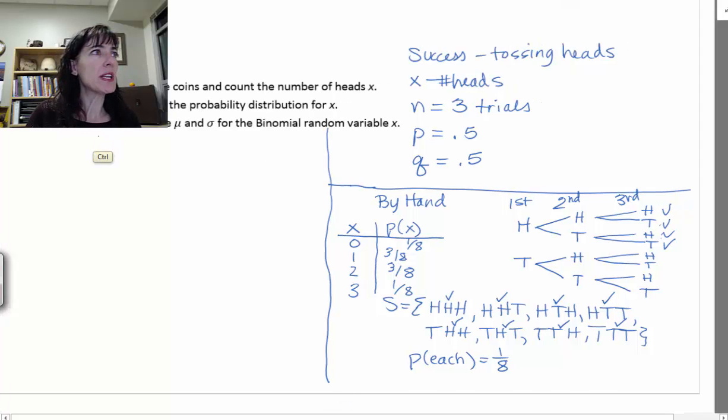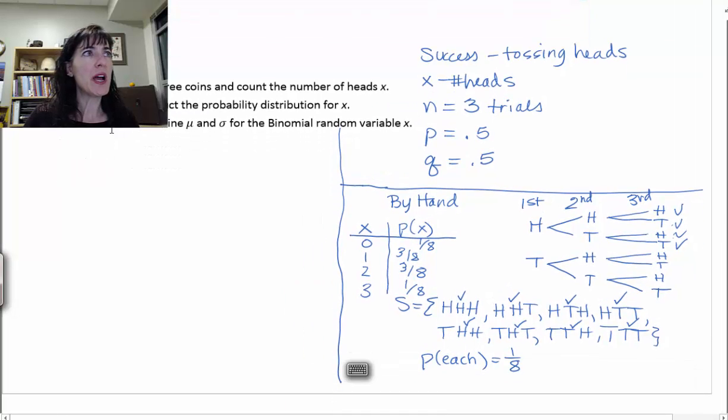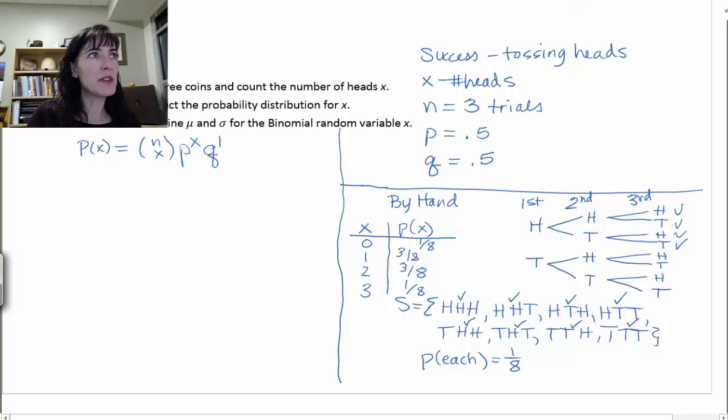But let's take a look at how we could do the same calculations using our formula. Our formula looks like this: P of x equals n choose x, times little p to the x, times little q to the n minus x. What I'm going to be finding first is the probability of 0 heads showing.